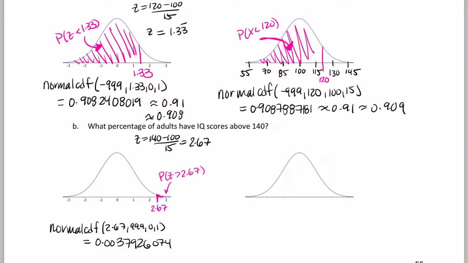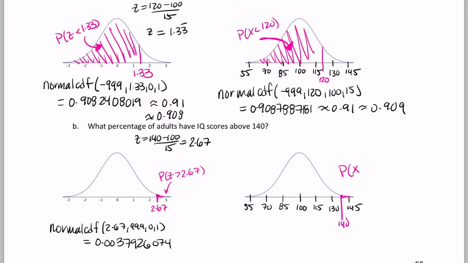Now, let's do this again, but instead of converting to a z-score, start with 100 in the middle again, and add 3 standard deviations on the right and subtract up to 3 standard deviations on the left. We want the probability that an IQ score is greater than 140, so that's this tail.